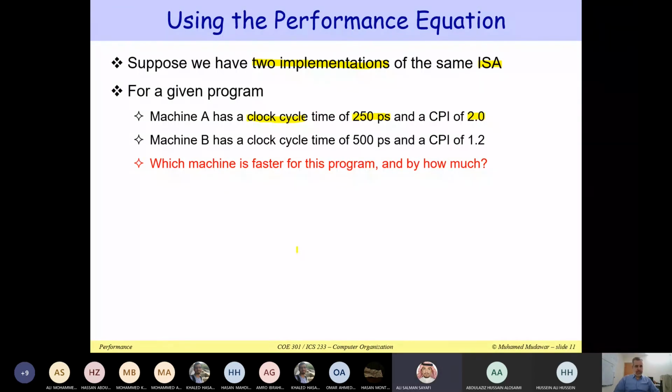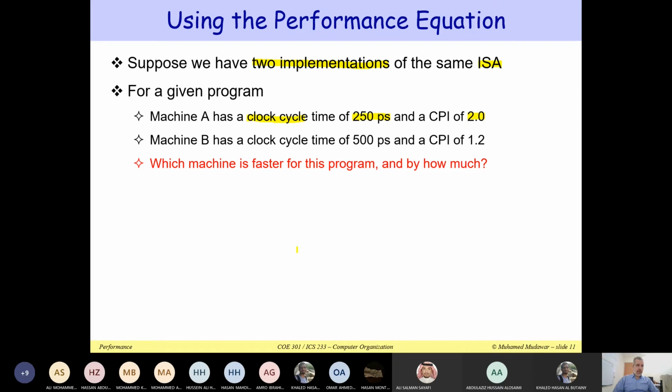I need a number. Yes, Khalid? 4 times 10 to the power 9 hertz. So what's the unit? 4 times 10 to the power 9 hertz, which is gigahertz.